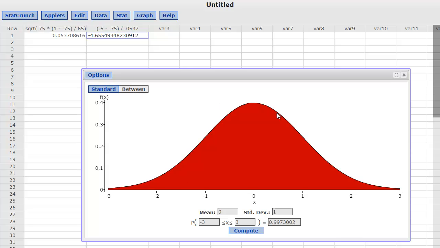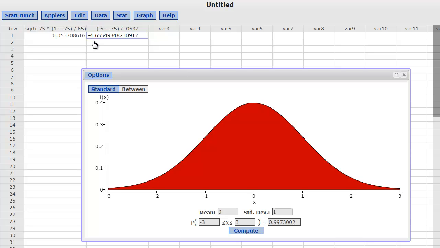So you've really filled in the whole thing. So something that's -4.65 standard deviations away, that's really far away. So we should be thinking that because this is so far away from the center, it is unlikely that they're going to conclude this.